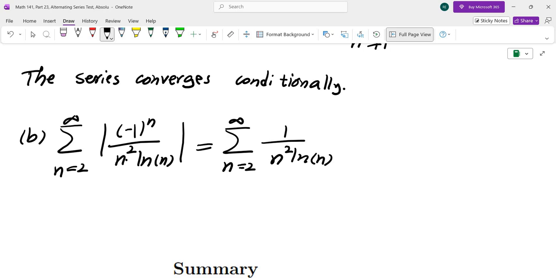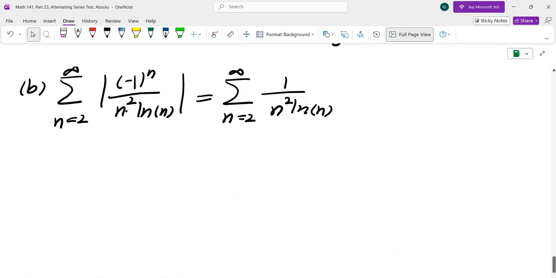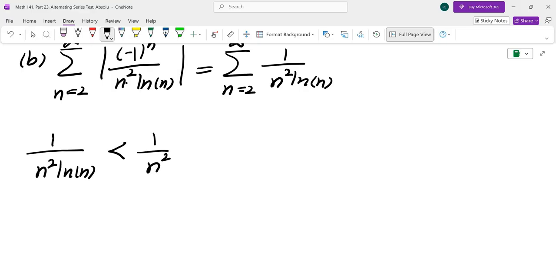Well, natural log of n is more than 1, at least when n is more than e. And again, it doesn't matter what happens in the beginning of the series. So 1 over n squared times natural log of n is less than 1 over n squared if n is more than e. And of course, it is positive.